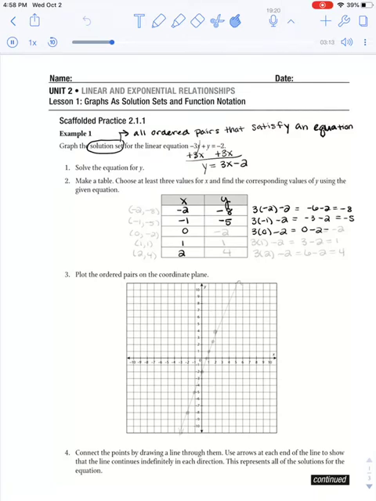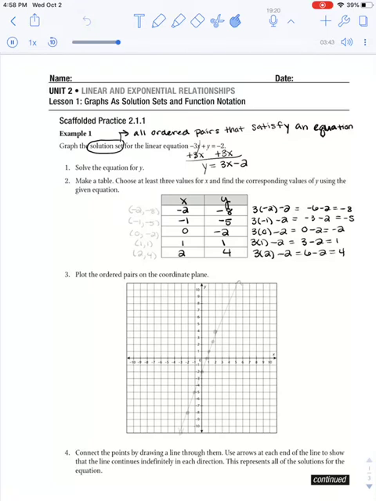Minus 2 would be negative 2. 3 times 1 minus 2. Well, 3 times 1 is 3. Minus 2, that would give me 1. And then the last one says 2, so let's plug in 3 times 2 minus 2. So that's 6 minus 2, which is 4.